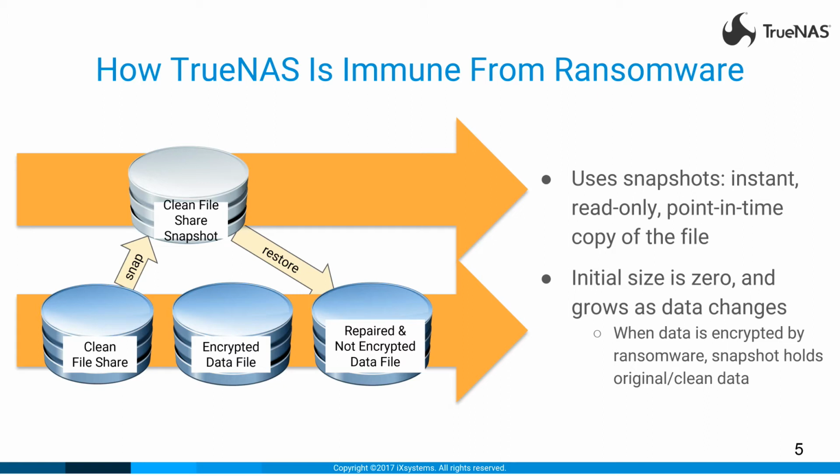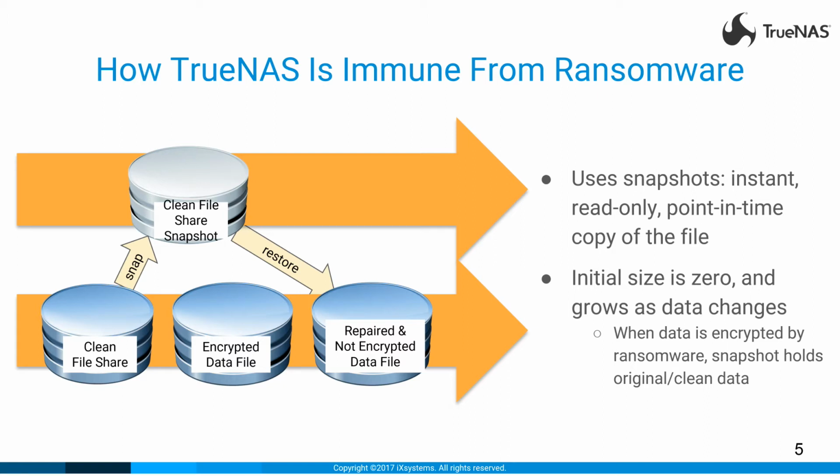So what happens if ransomware attacks those files and essentially attacks the share on TrueNAS, your Windows share on TrueNAS? While that data could be compromised, we can still restore it from snapshots because our snapshots exist out of band, and ransomware, malware, and viruses can't jump over that bridge.